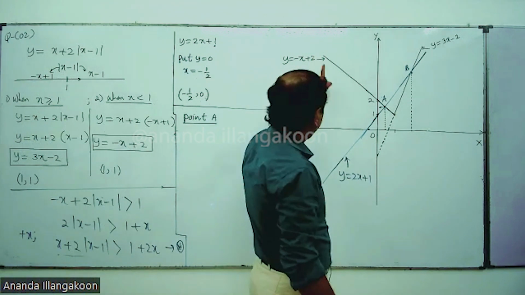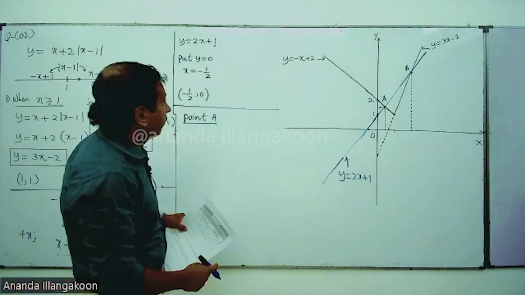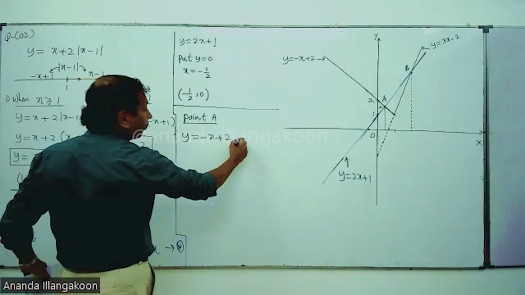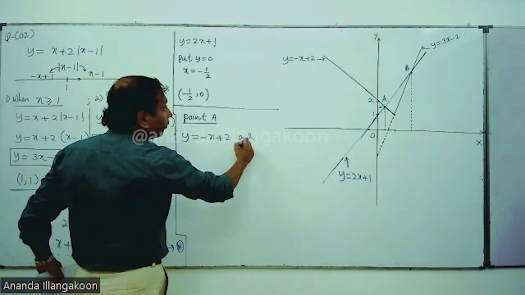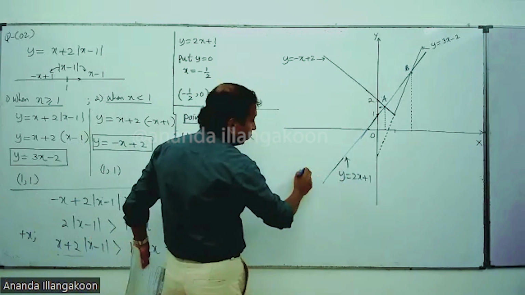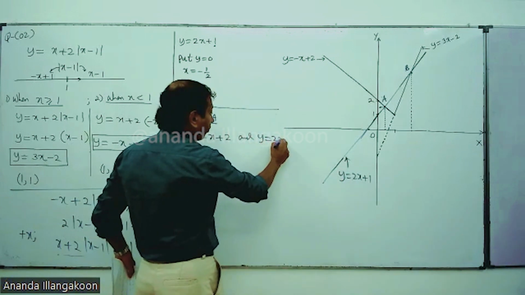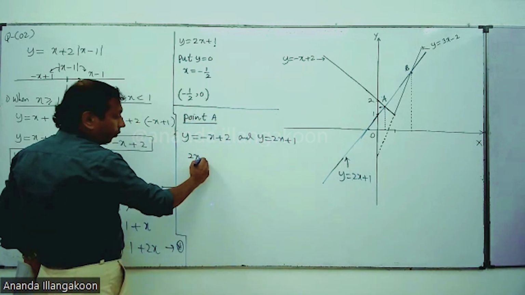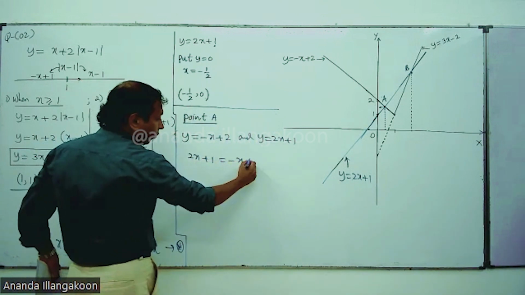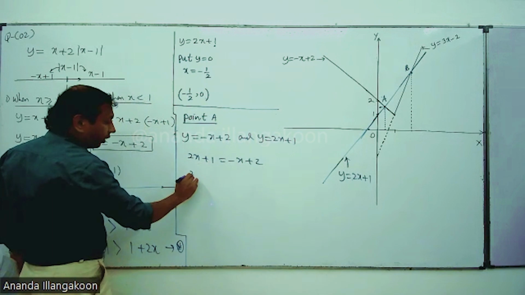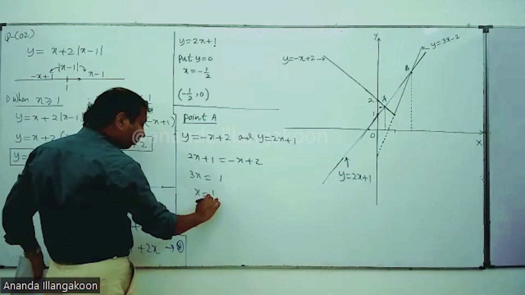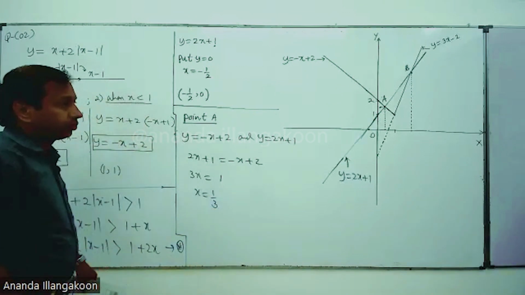Solve this line and this line: y equals minus x plus 2 and y equals 2x plus 1. Equate the right hand side. 2x plus 1 is equal to minus x plus 2. Bring to this side, 3x. The right hand side is 1. X is 1/3.